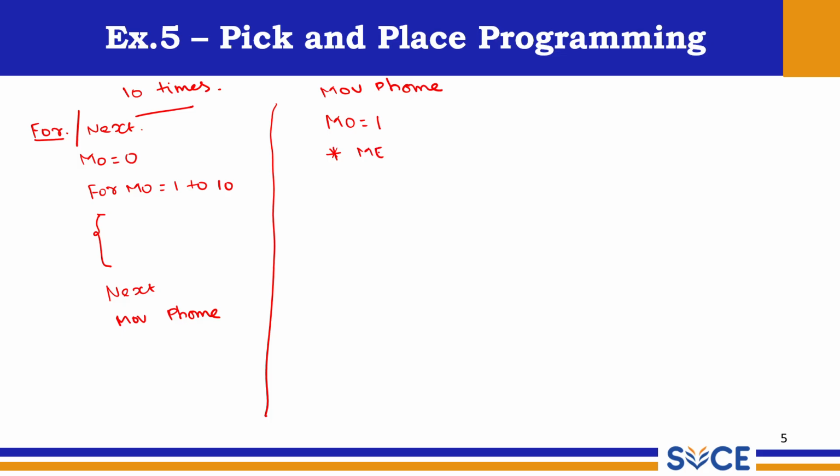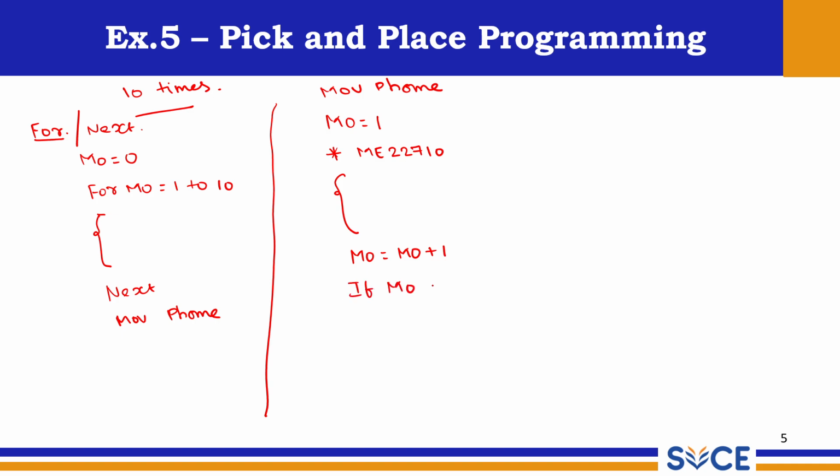You can give any label, it does not mean that you need to give only one thing. Then you can give the program. So here the program is going to be there. At the end of the program, we are going to give the counter, M0 is equal to M0 plus 1. Then here you give the count condition.